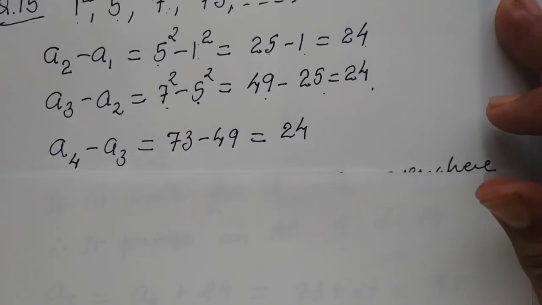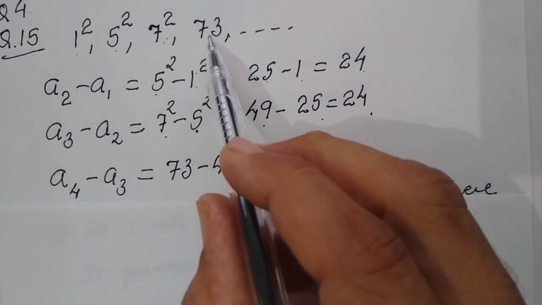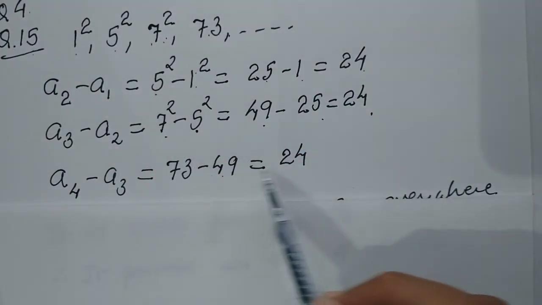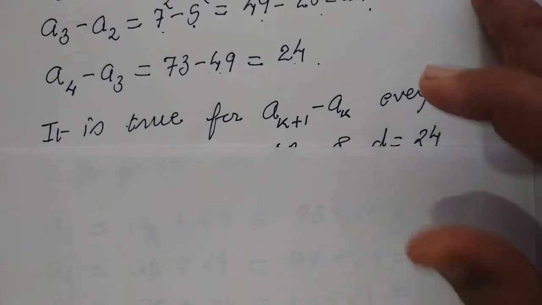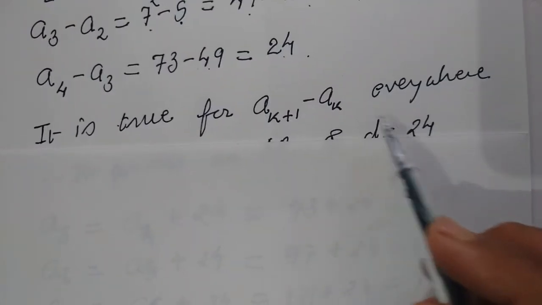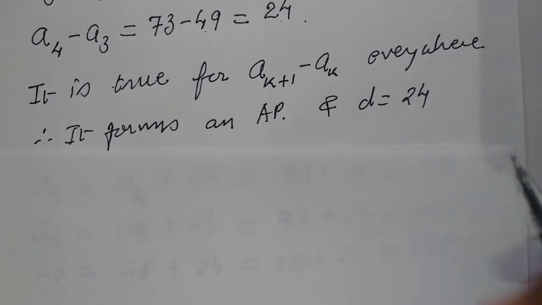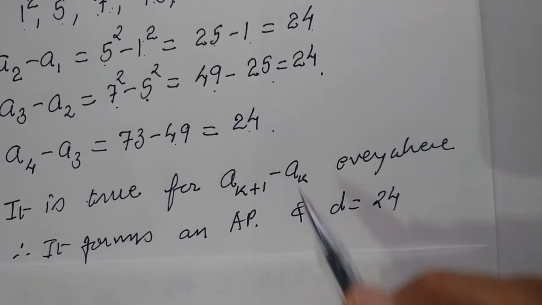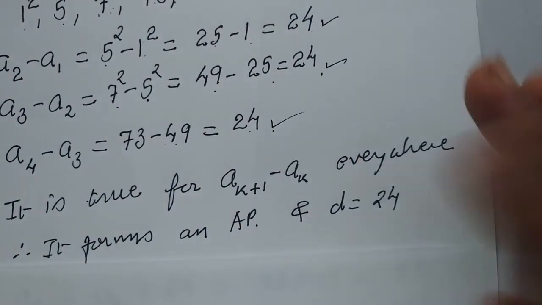And further, A4 minus A3, A4 is what? 73 minus 7 square is 49, 24. So children, it is true for A(k+1) minus A(k) everywhere, and therefore it forms an AP, and D equal to 24 children. This is D, D and D.